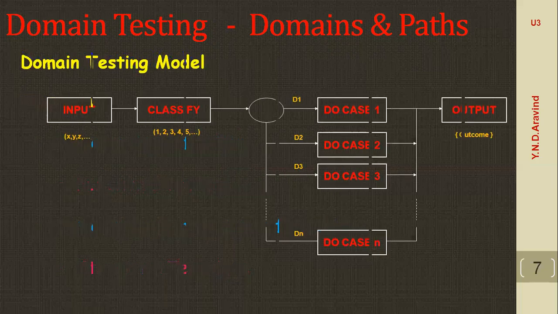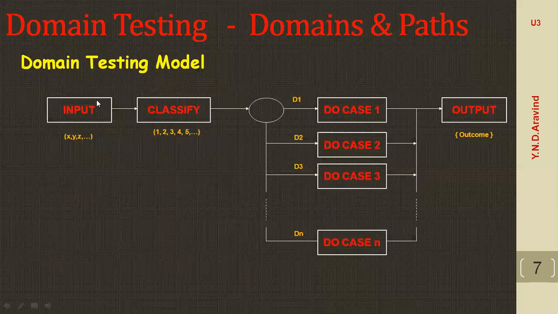Here we can see the semantic representation of domain testing. First, we have the different input variables which are provided to the program. Then the classifier receives all the input variables and divides them into different cases. For every case there should be at least one path processor that is going to process that particular case.